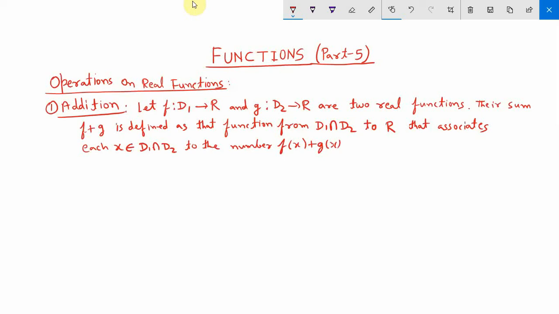So if f and g are two real functions, then f plus g is a function from D1 intersection D2 to R such that we can write (f plus g)(x) is equal to f(x) plus g(x) for all x, an element of D1 intersection D2.